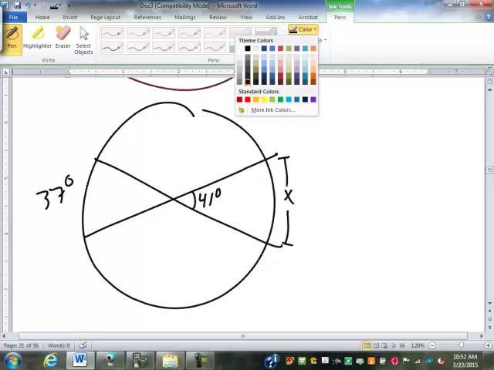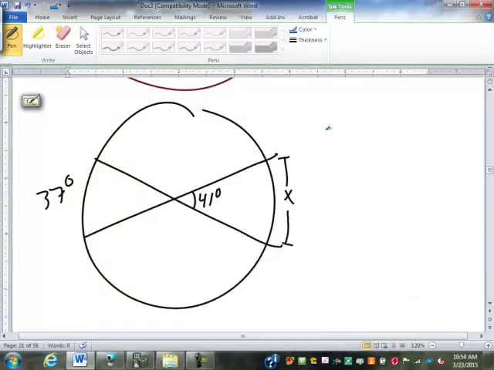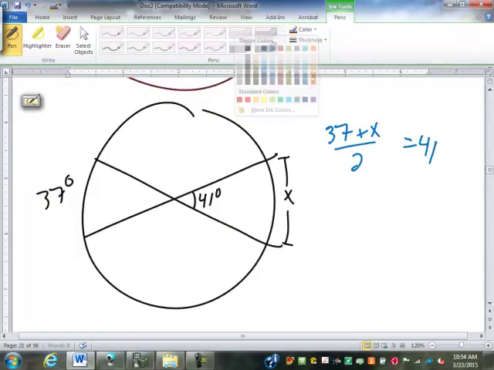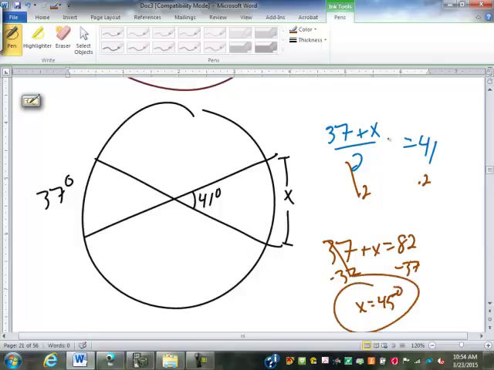Find the degrees of the arc, not the length, just the degrees. Perfect. Let's take a look. So this is going to be 37 plus X divided by 2 equals 41. You have to multiply by 2 first. So 37 plus X equals 82. Subtract 37. And yes, X equals 45 degrees. Perfect.